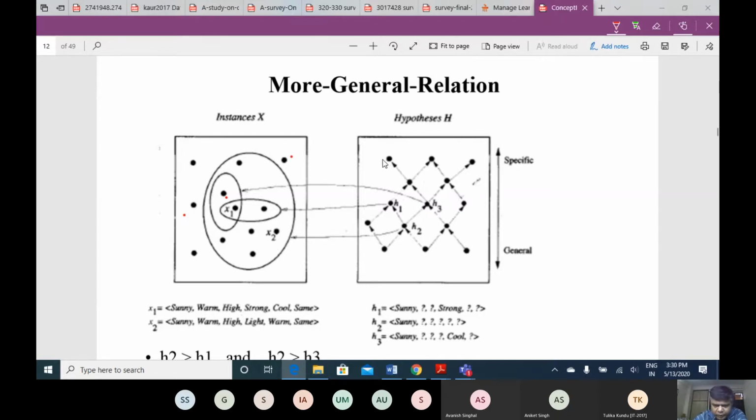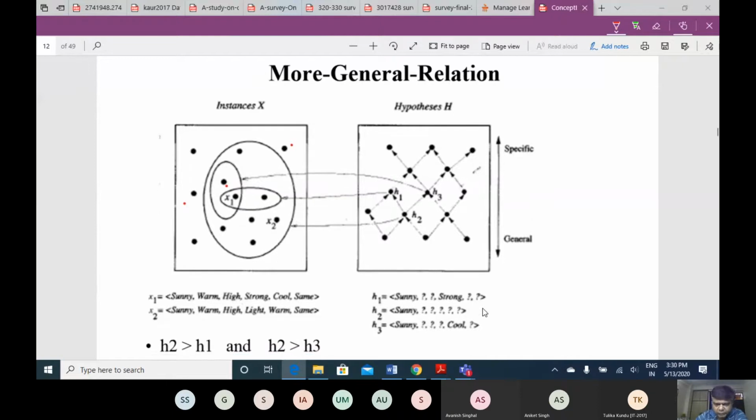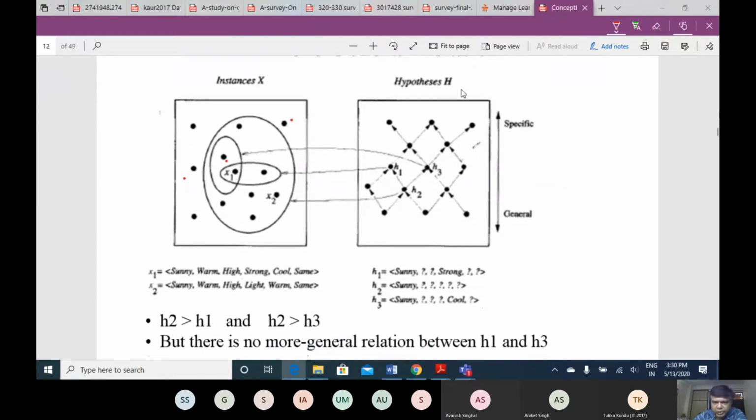So this is the most specific hypothesis, and these are the most general hypotheses from this hypothesis H. This hypothesis H may consist of several sub-hypotheses, subsets H1, H2 and H3, where some of them may be more general than others.